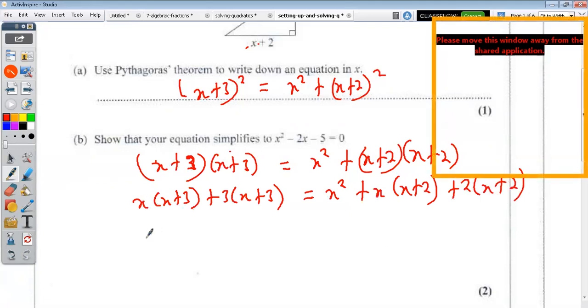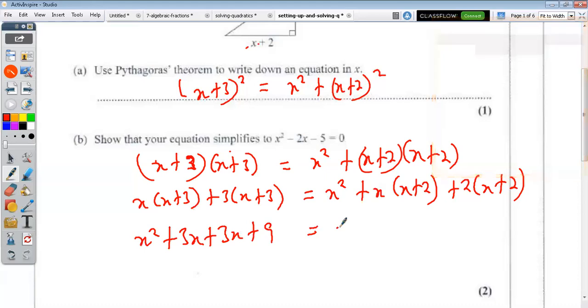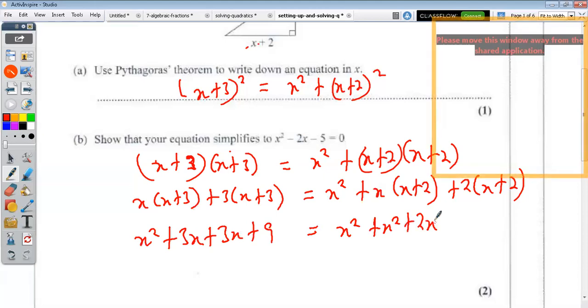Now remove the brackets. So this is x squared plus 3x. Remove the brackets here, 3 multiplies everything, so plus 3x, 3 times 3, 9, is equal to x squared. This, remove the brackets, plus x squared plus 2x. Remove the brackets there, plus 2x plus 4.